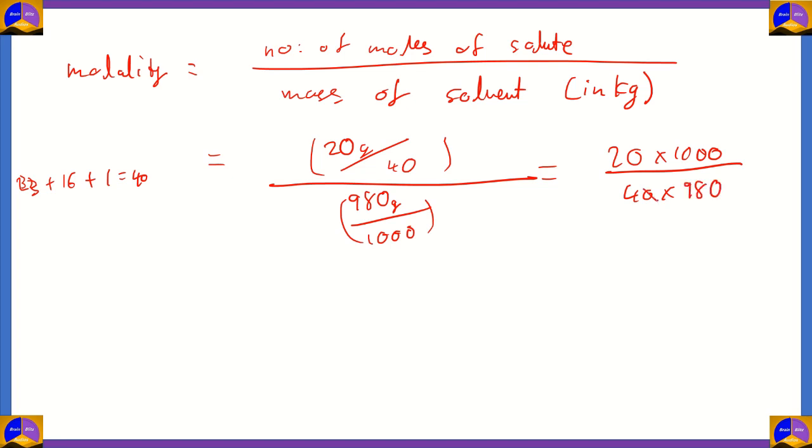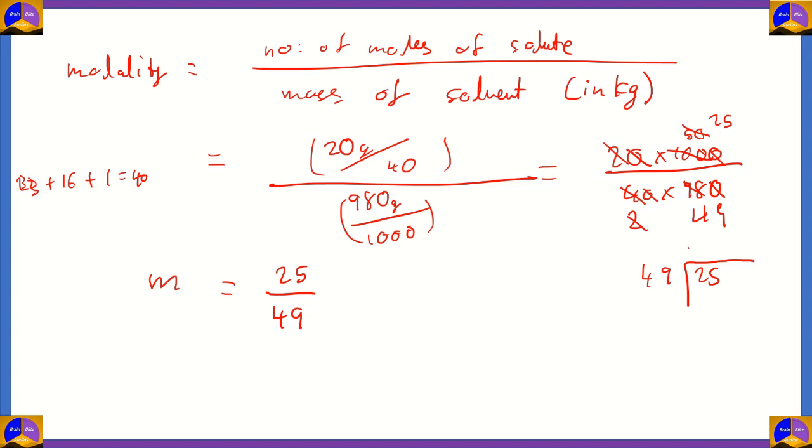So 0 cancels out, 0 cancels out, and 2 goes into 4 twice, and then 2 goes into 50, 25 times, and 98 divided by 2 is 49. So therefore the molality here is 25 divided by 49.